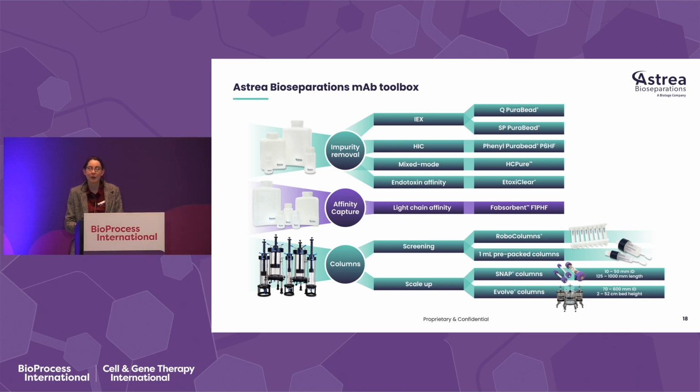So we get a lot of questions about what conditions we should run our HC Pure at for our target. Unfortunately, we can't answer that. We need you to do a screen for every target. That's the downside, but also the benefit, because it means that it is tunable, and it means that we can work across lots of expression systems and lots of targets.